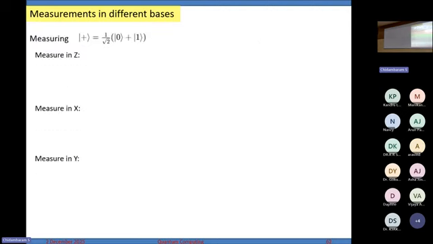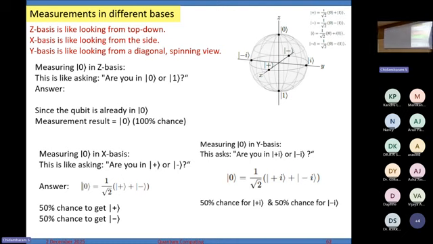No, it is about the basis. Your qubit is in some position. Now, in which basis? You are getting a very good doubt, but how to answer this?